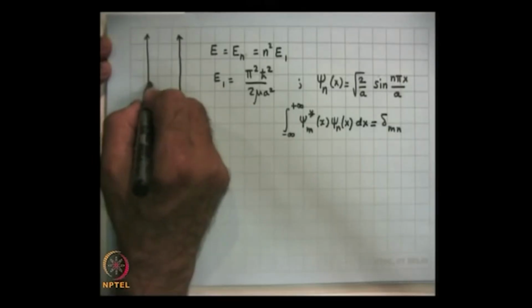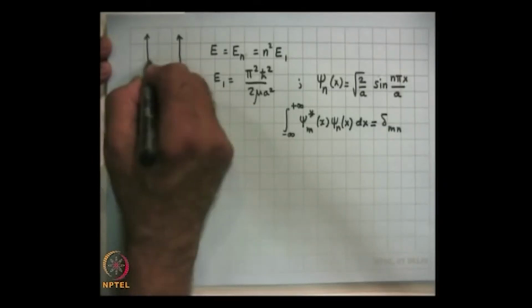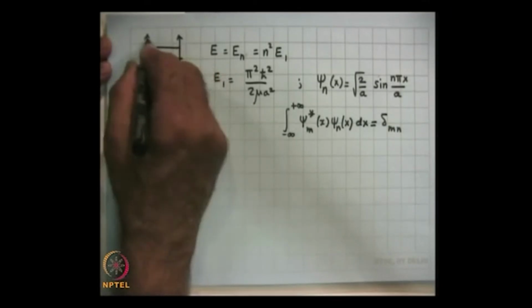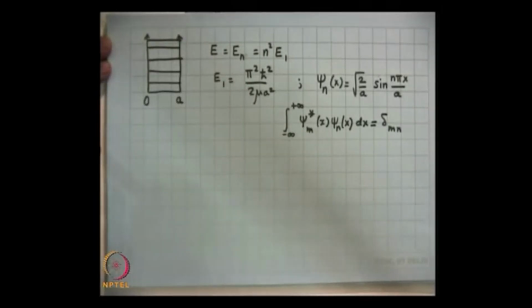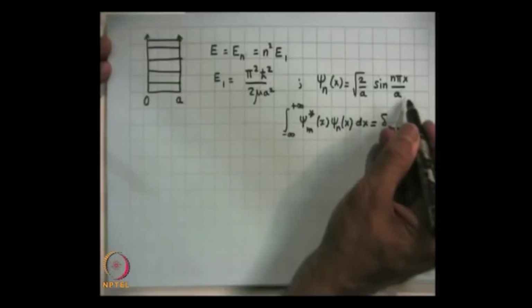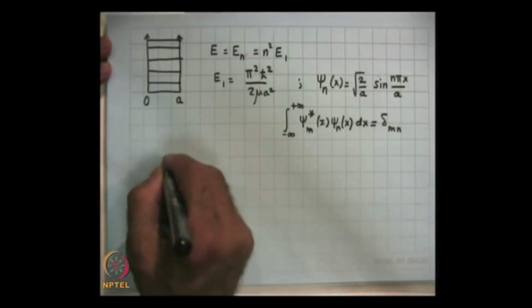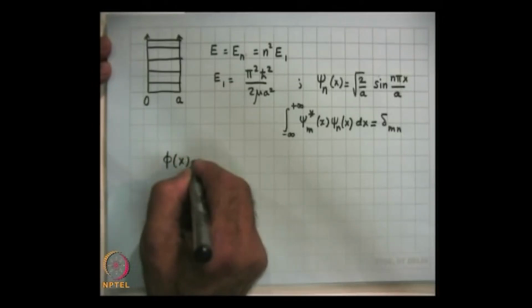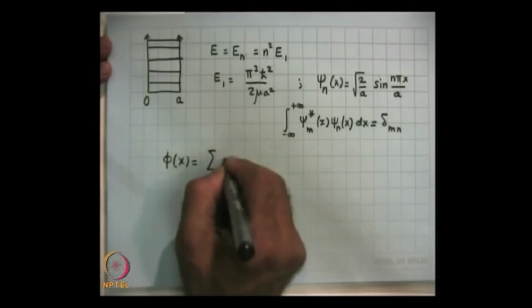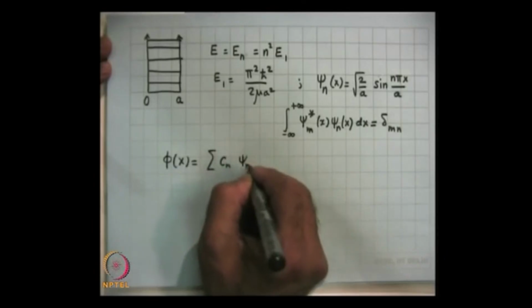So, we have E1, E2, E3, E4, E5 and so on. There are an infinite number of discrete states, and any well behaved function in the region from 0 to a can be represented, or approximated, and this is my Fourier series, by the sum of C n psi n of x.